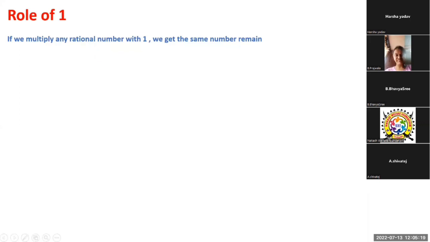Example, let me take an example of a rational number. Will anyone give an example of a rational number? Is my voice not clear? Yes, sir. I think today it is raining. Yeah, I think in some areas there is a low network.